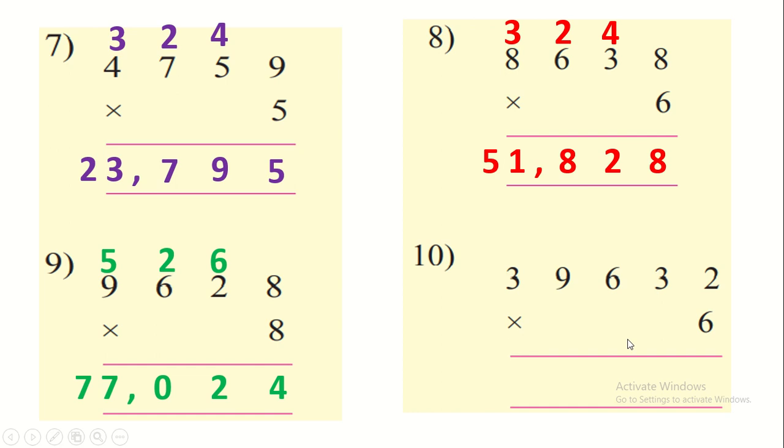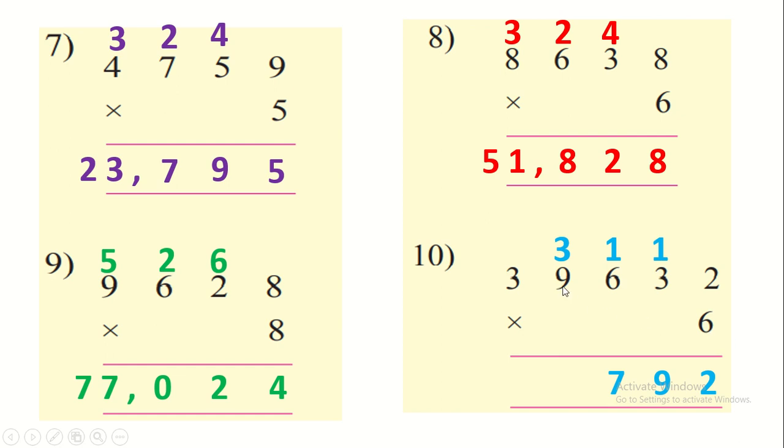The last is number 10. 39,632 times 6. 6 times 2 is 12, write 2, carry 1. 6 times 3 is 18, plus 1 is 19, write 9, carry 1. 6 times 6 is 36, plus 1 is 37.